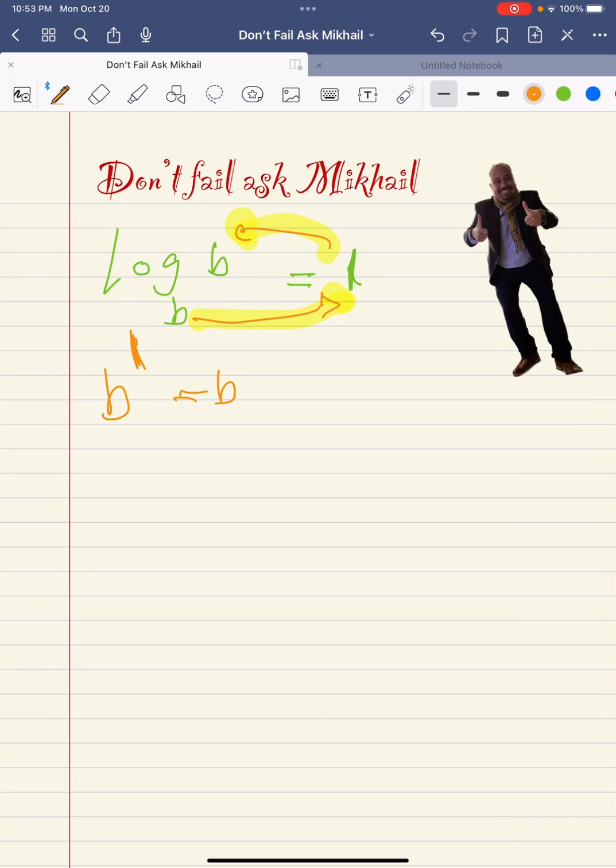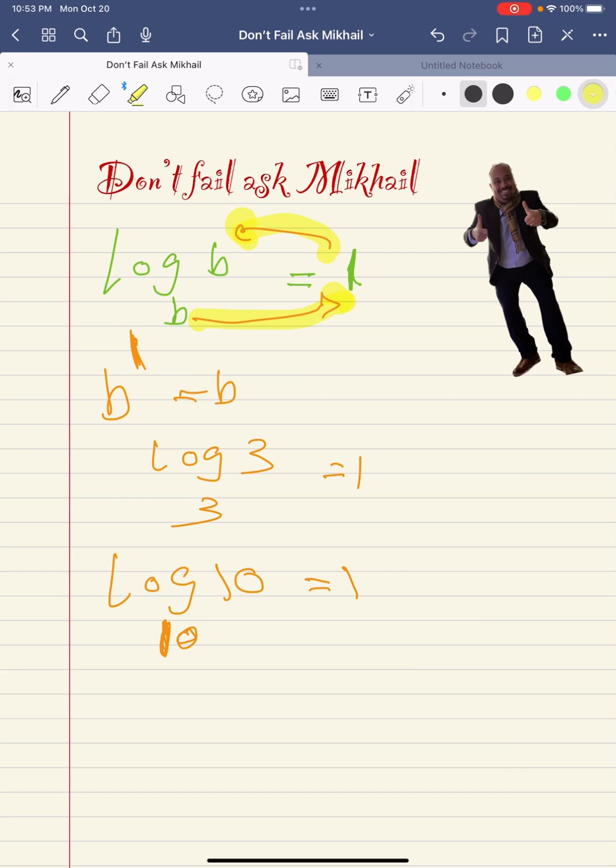So log base 3 of 3 equals 1. That's why log 10 by itself equals 1. Can someone know why? Excellent. Because the base is already what? Invisible 10.